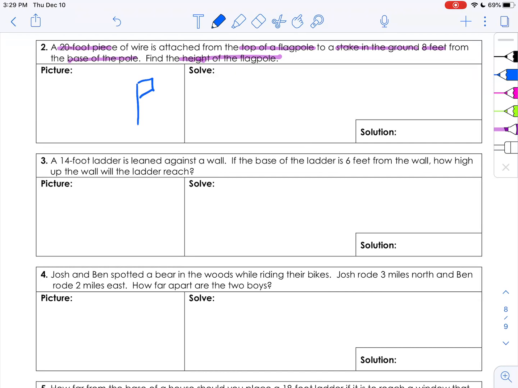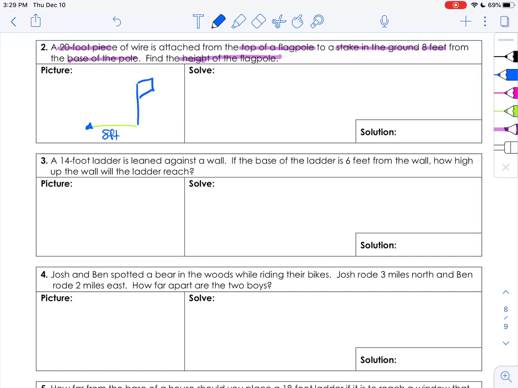And then there's a stake in the ground that is 8 feet from the base of your flagpole. So the base of my flagpole is going to be the bottom. So 8 feet from the flagpole, I have my stake. And we can label that 8 feet.